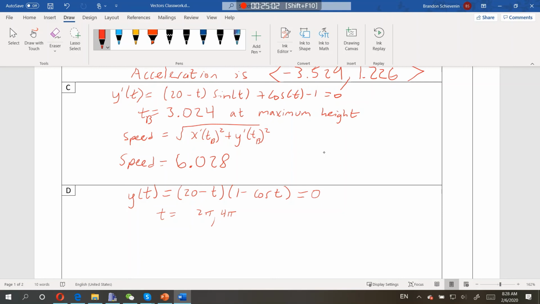Then they asked us to find the average speed between those 2 points. So how would we find the average speed? Oh, that's f of 4 pi minus f of 2 pi, divided by 4 pi minus 2 pi.